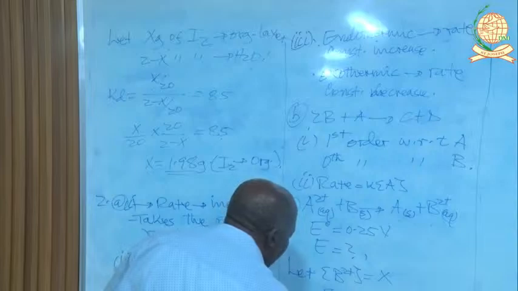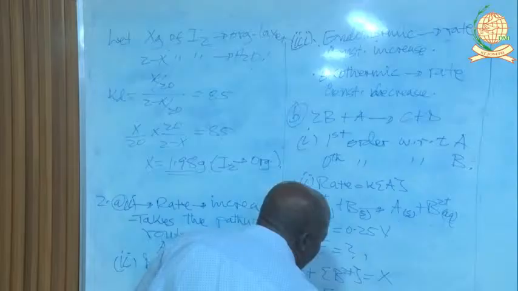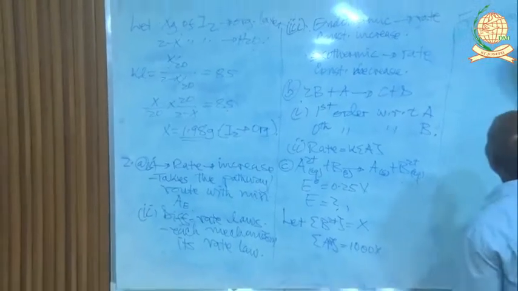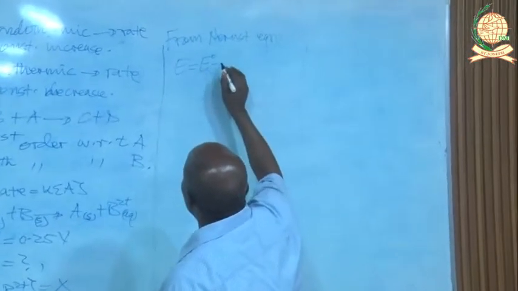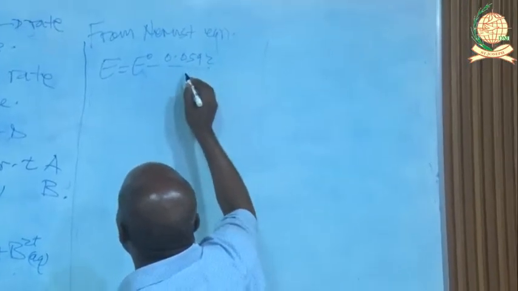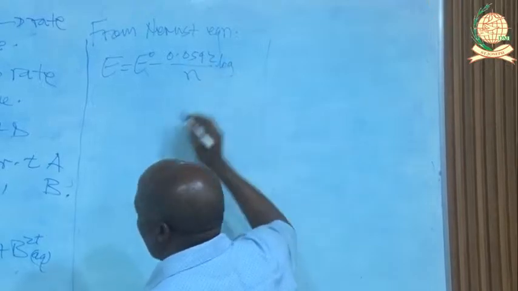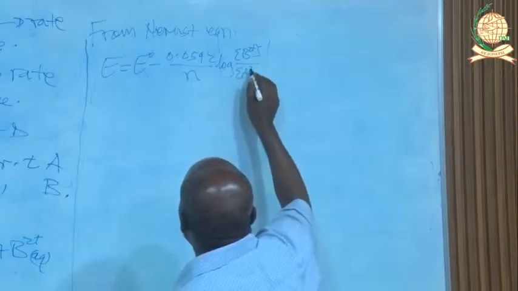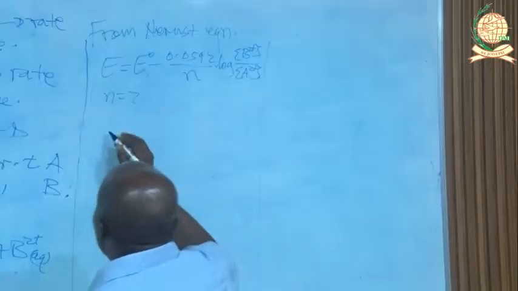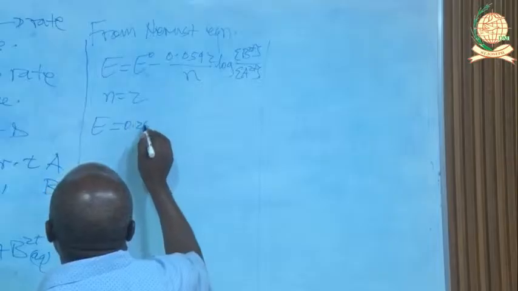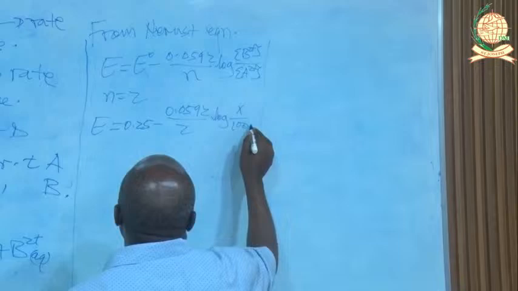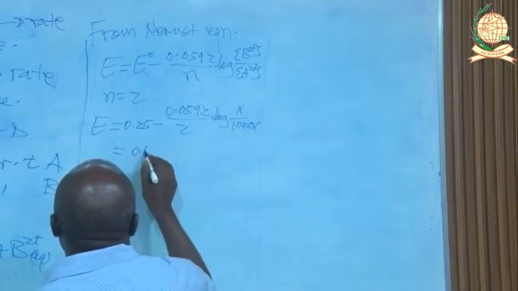So it means the concentration of A is equal to 1,000 X. Now from Nernst equation, the cell potential is equal to standard cell potential minus 0.0592, because this reaction took place at room temperature, then concentration of B divided by concentration of A. Now, where N is equal to 2, so cell potential is equal to 0.25 minus 0.0592 divided by 2 log of X over 1,000 X. Then this gives us 0.16 volt.